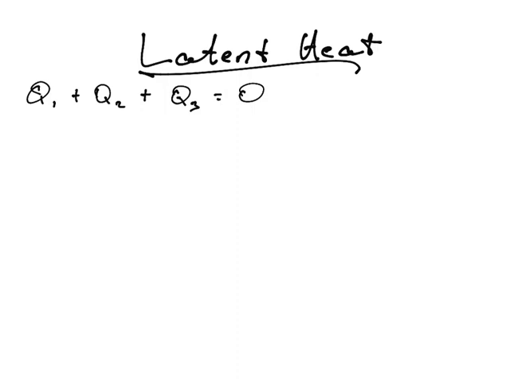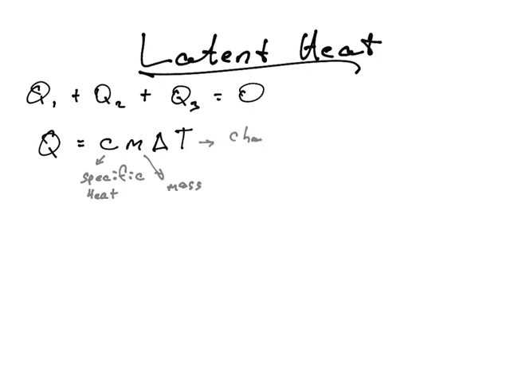And so the equation for that was Q, the heat lost or gained by an object, is Cm delta T, where C is specific heat. That is how much heat is gained per change of temperature, and that tells you about what type of material we're talking about. M is the mass, how much of the material is changing temperature. And of course, delta T is the change in temperature.